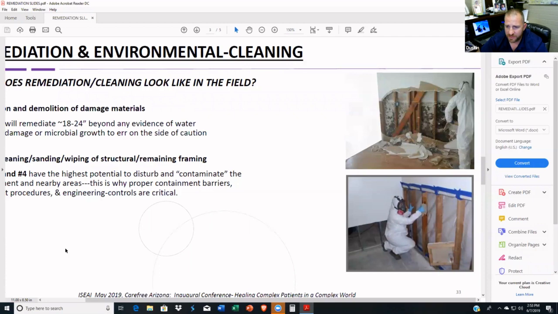You can treat it and you can wipe the studs down like this gentleman is doing here in the photo with the homeowner approved surfactant or antimicrobial or whatever you want to call it. And then from that point, you can seal it up. And generally speaking, that's kind of what you do before you start the cleaning process.